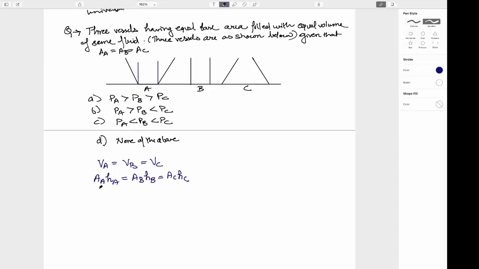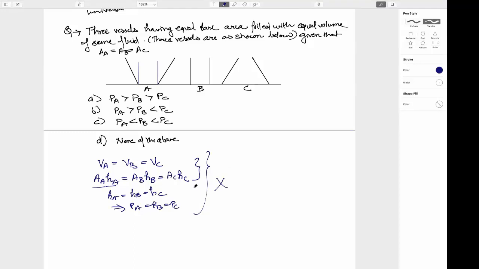So if I do this, then height and area of volume A. If you wanted to find this height and this area A, then what I am currently doing is HA equals HB equals HC, which gives me PA equals PB equals PC. But this is not a correct way of doing.